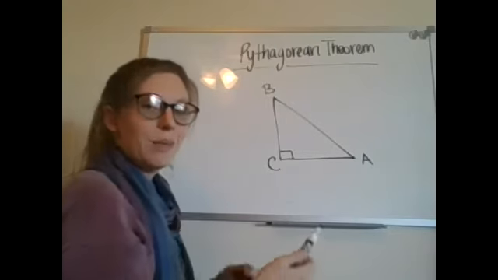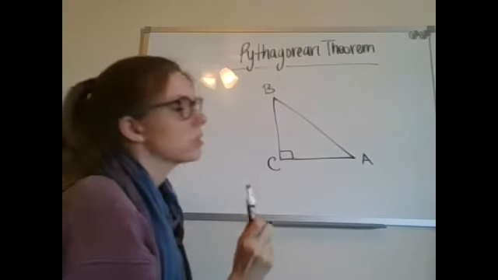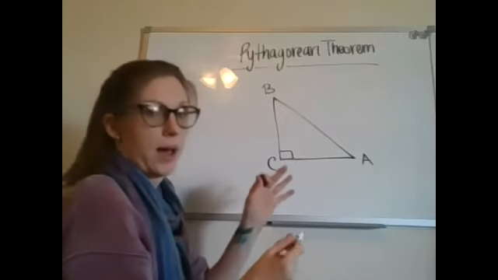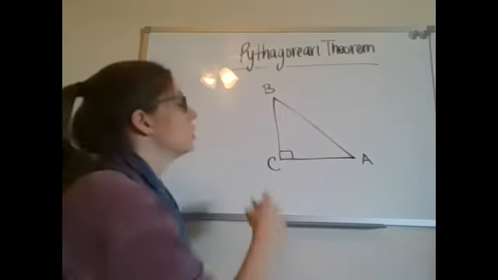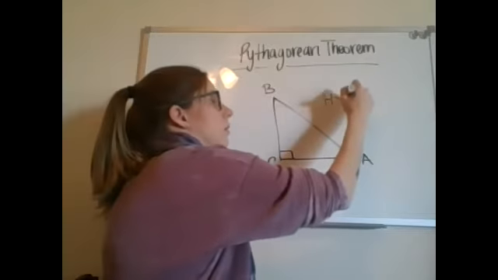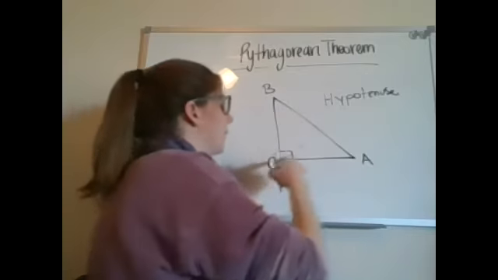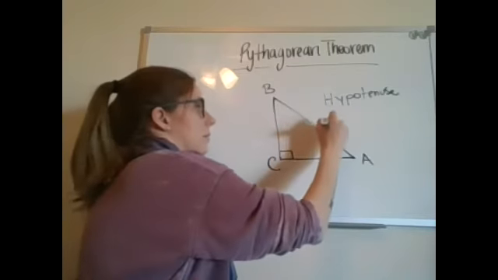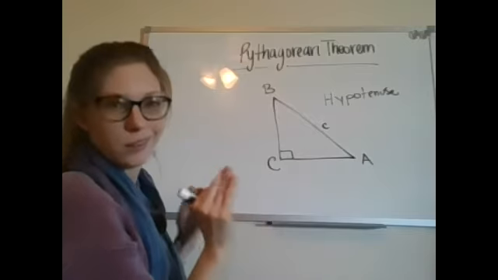So when we name sides of triangles, real quick, let's review this. We name the side opposite of its angle with the lowercase letter. So the hypotenuse over here is c, okay? That's a lowercase c, this is uppercase C. I know it's kind of hard to tell the difference.